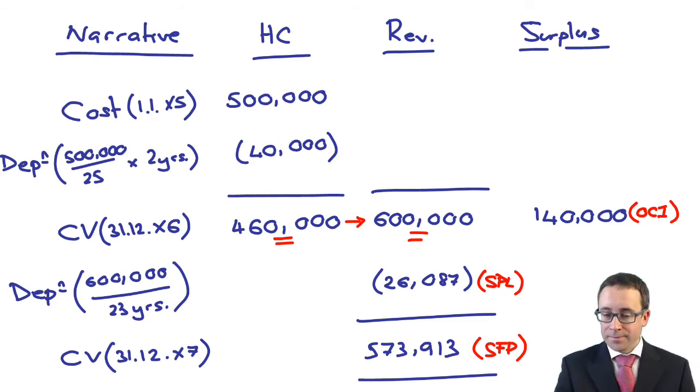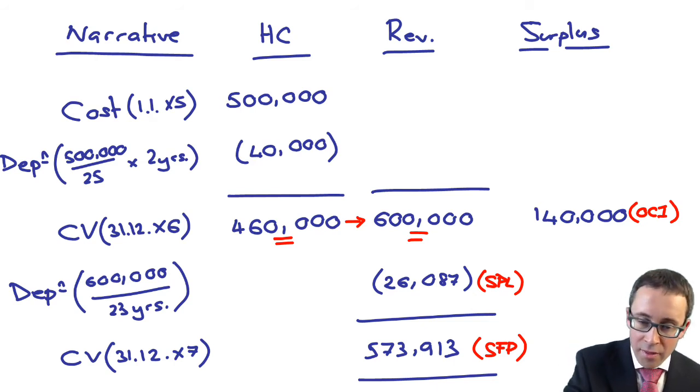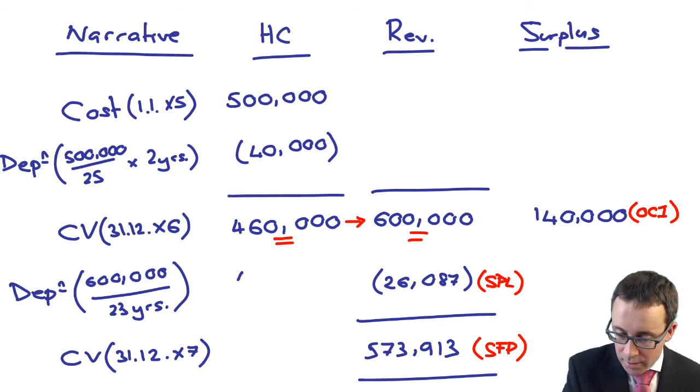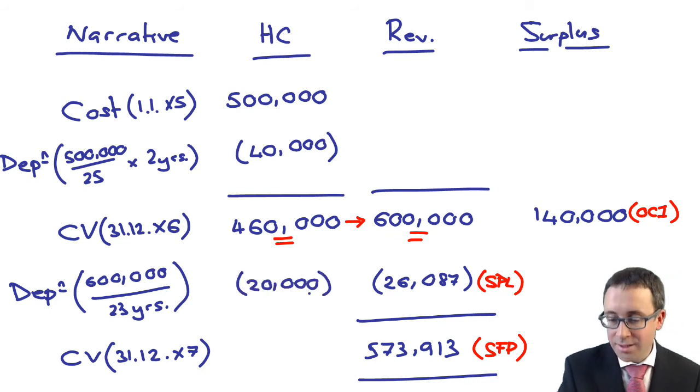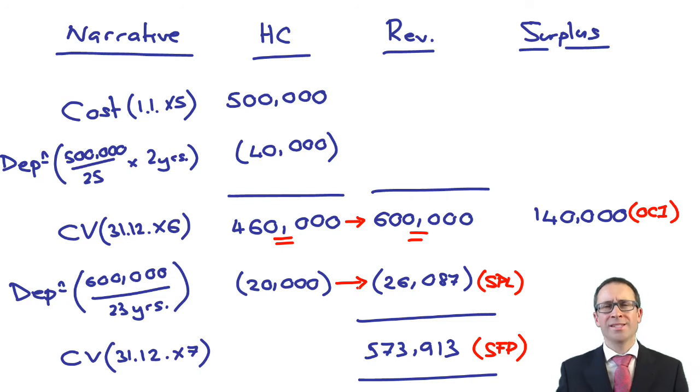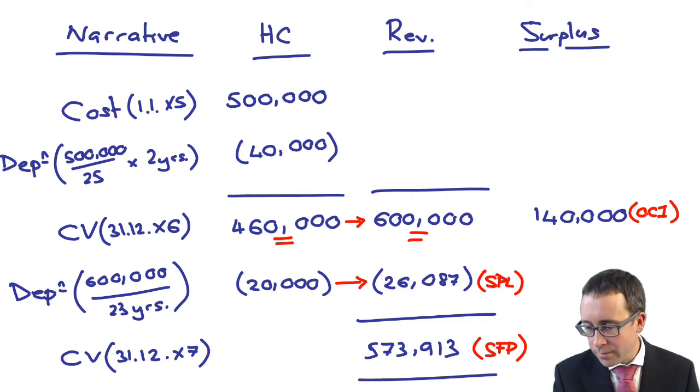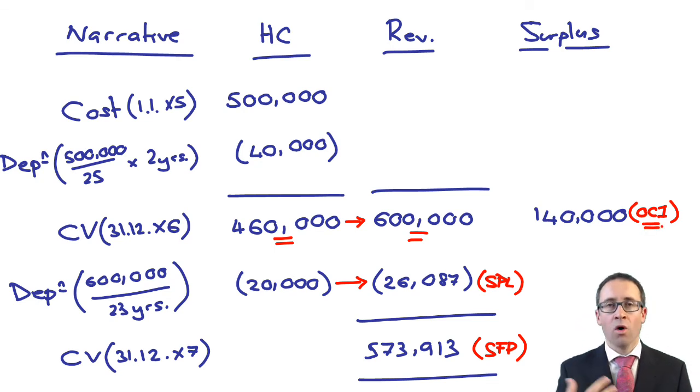Now for the fun bit. What we previously will have done is we will have charged 20,000 for our depreciation, wouldn't we? And now we've charged 26,087, which is a bit unfair, isn't it? Because the gain that we took on the asset has gone to other comprehensive income.